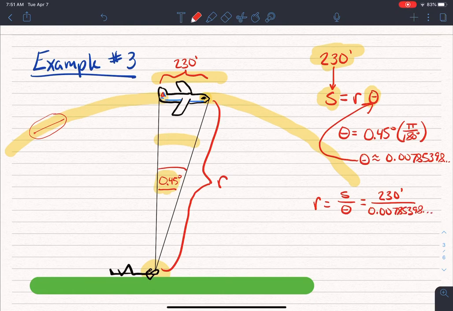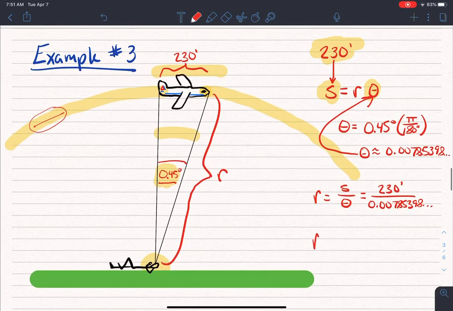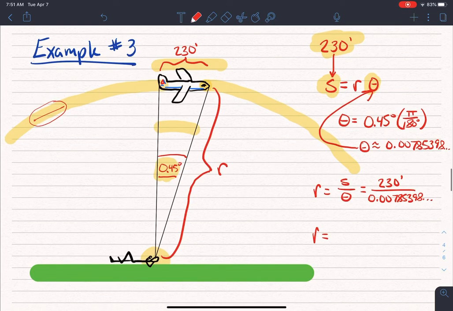0.00785398. And so now in my calculator, I'm going to take 230 and divide it by my previous answer. And that's going to give me what the radius is. It says that the radius is 29,284.509.